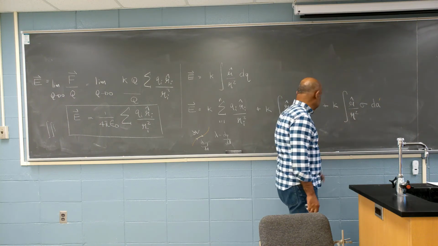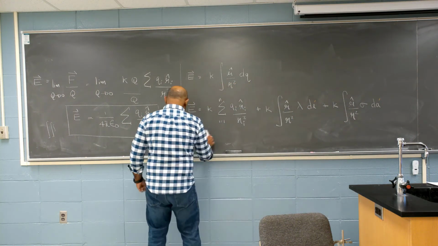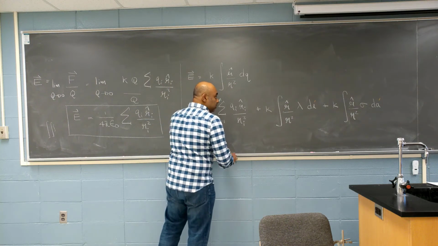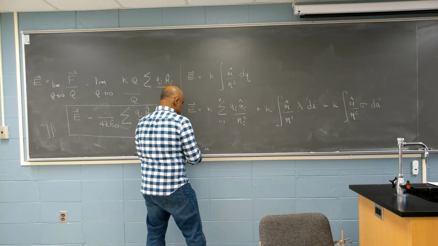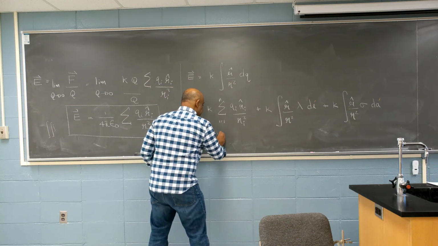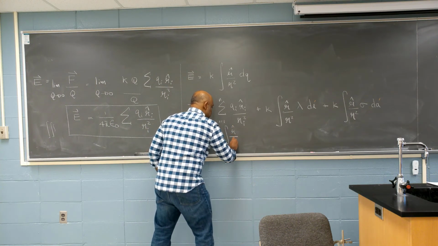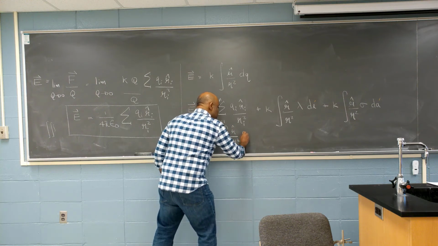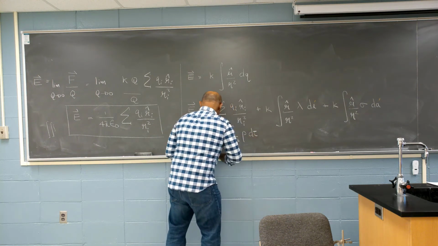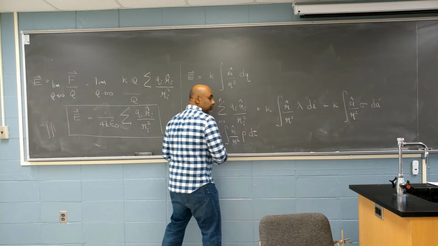And the last one would be bulk volume charges. Plus K r hat over r squared rho d tau prime.